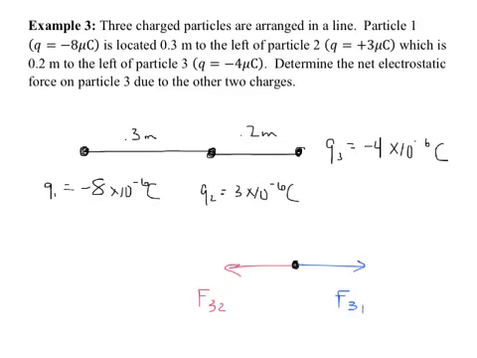So, in reality, if we wanted to figure out what force is felt by particle 3, we could simply look at these two forces, F32 being negative, F31 being positive. We don't really need to worry about the signs anymore because our free body diagram took that into account.